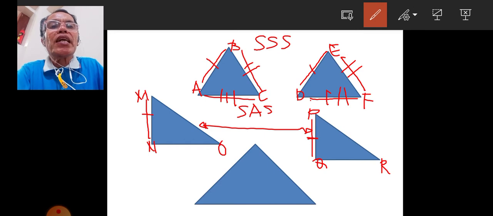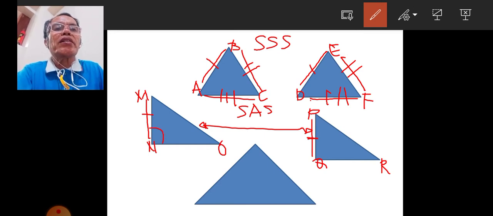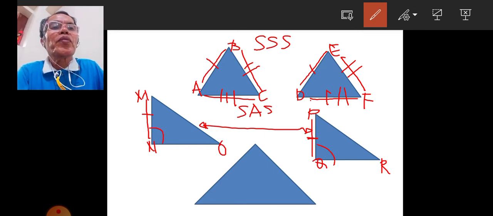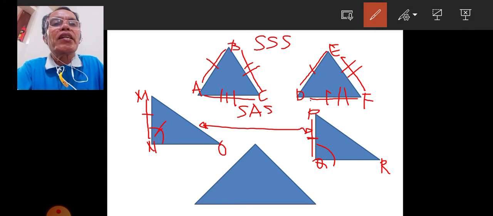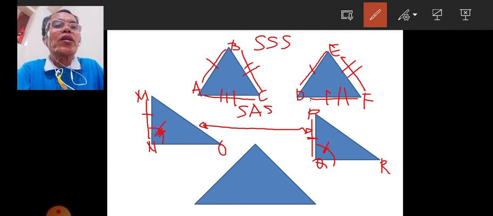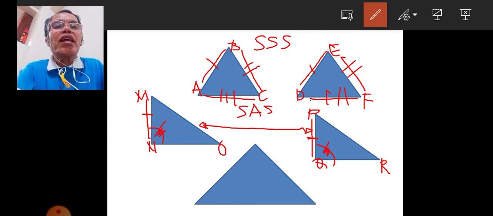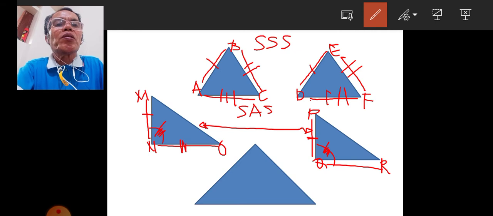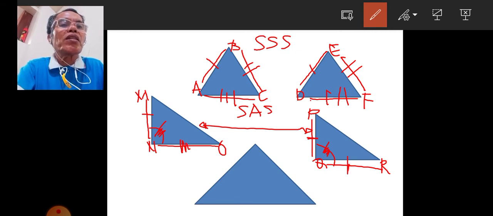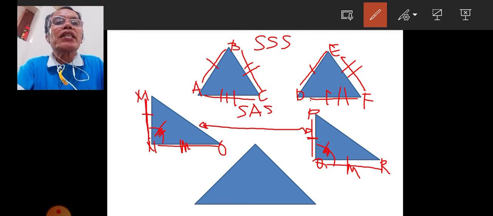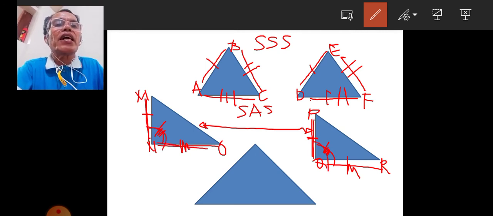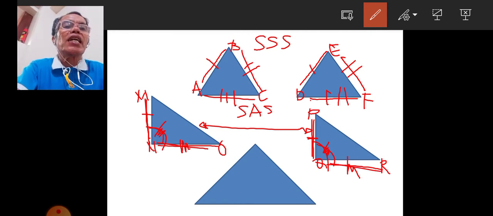And if angle N corresponds to angle Q, therefore angle N is congruent to angle Q. And if segment NO corresponds to segment QR, therefore segment NO is congruent to segment QR. So that is side, this side, angle, this angle, and side, this side. So that is side-angle-side.